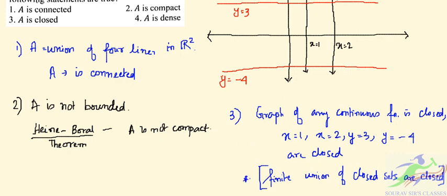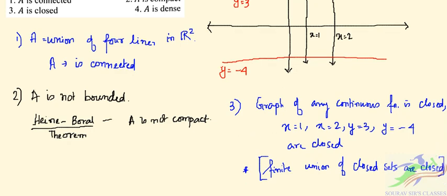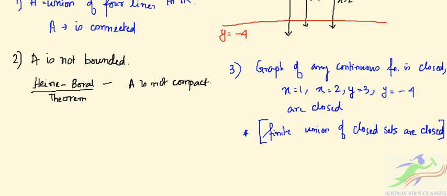And the last one is that A is dense. Let's check option 4, whether A is dense or not.